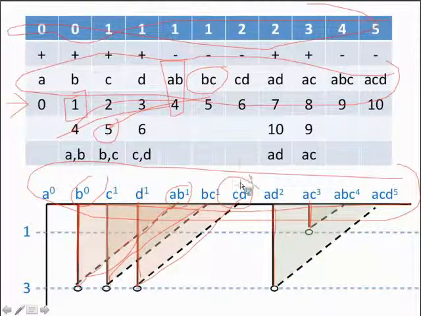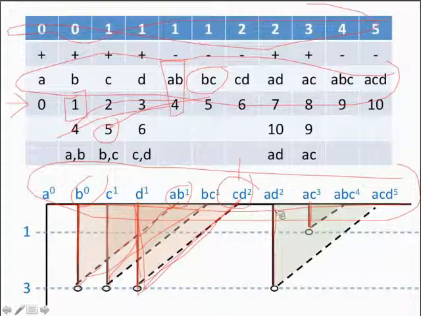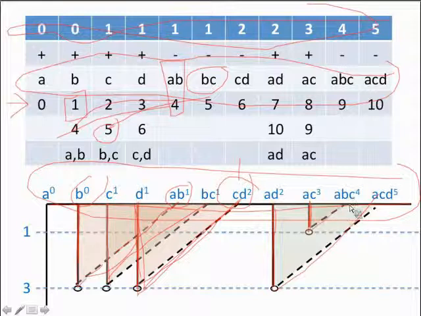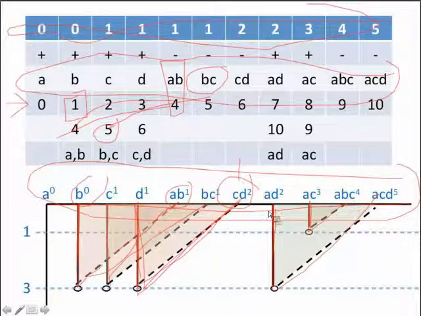So since it was destroyed by 6, we go at time 6 to destroy it. Here our AD was destroyed at time 10 by ACD, so we connect it with this triangle. AC was destroyed at time 9 by this triangle, so we connect it, and so we have lots of nice triangles.